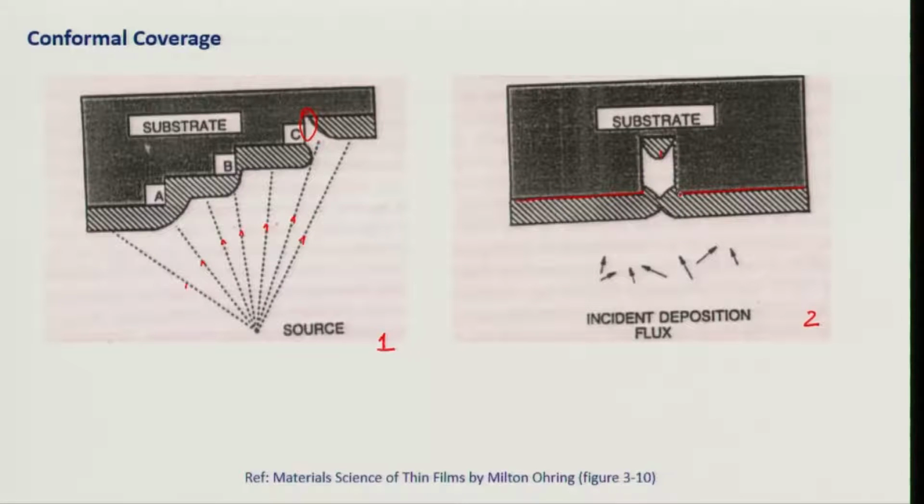But since material is also depositing here, before there is a chance for this area to get filled up, the mouth of this gets closed, leaving this whole unfilled region inside, which may create problems in the functioning or the lifetime of the device.